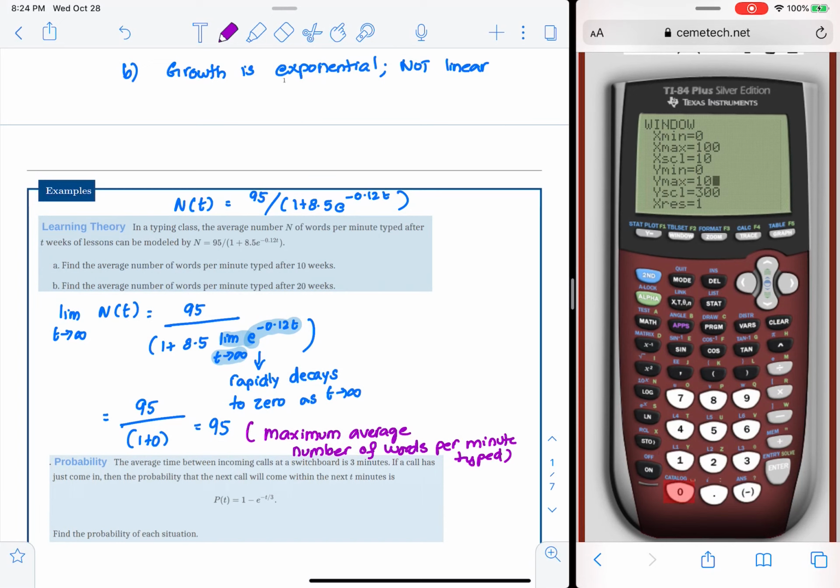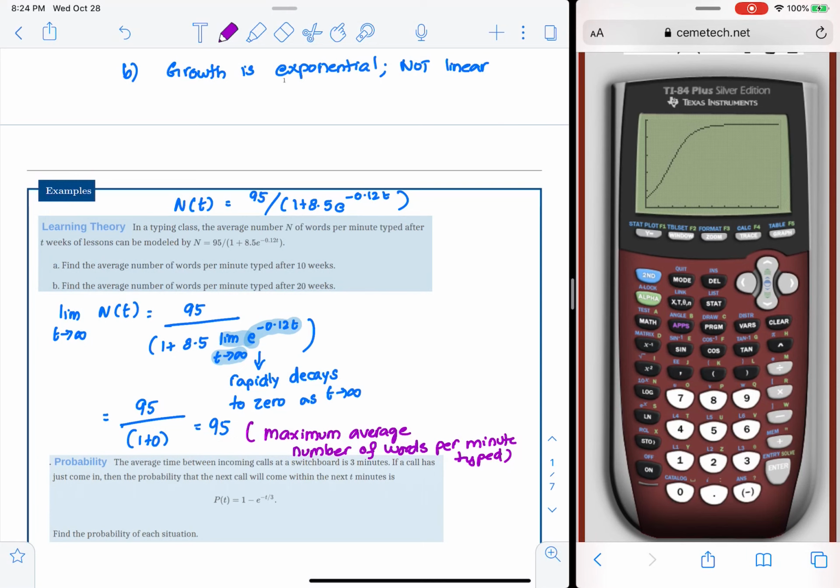Y max, we'll call it 100, and we will increase it in steps of 20. And let's graph this. And you can see things plateau over time. Time is on the x-axis, and no matter how much time you spend, we're going to plateau at a certain number of words, and in this case, that would be 95.